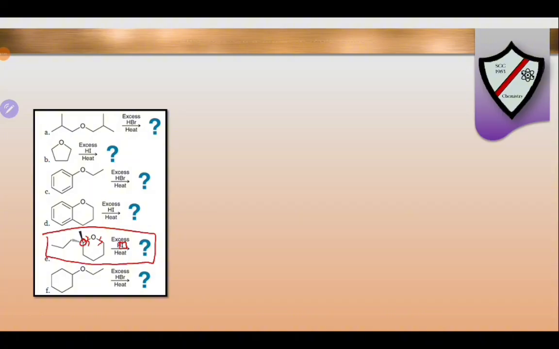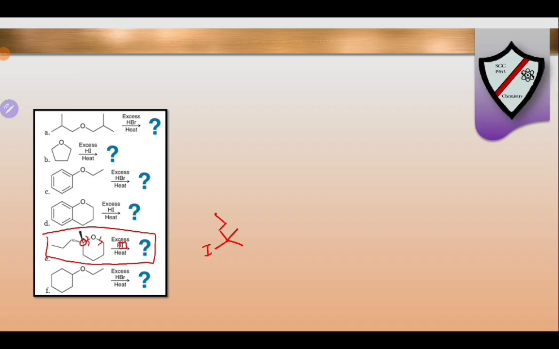So this one is going to prefer an SN1 process versus an SN2 process, and that's going to allow the iodine ion to substitute from either face, and so we'll end up with a racemic mixture of products in this one. So we do have that carbon there, and it's going to have an iodine bonded to it, and then it will have the propyl group on it, as well as a methyl group, and we'll draw that without any stereochemistry designation to show that it will be a racemic mixture.